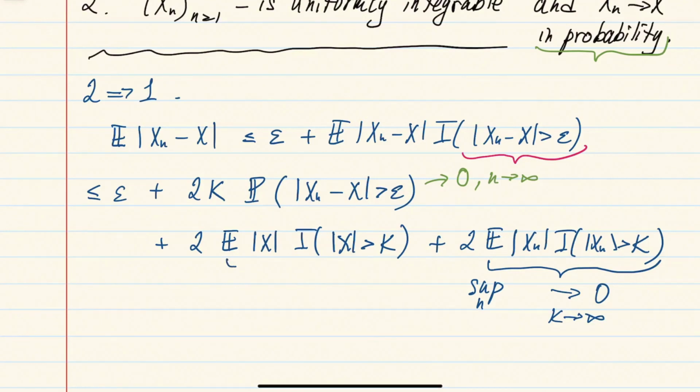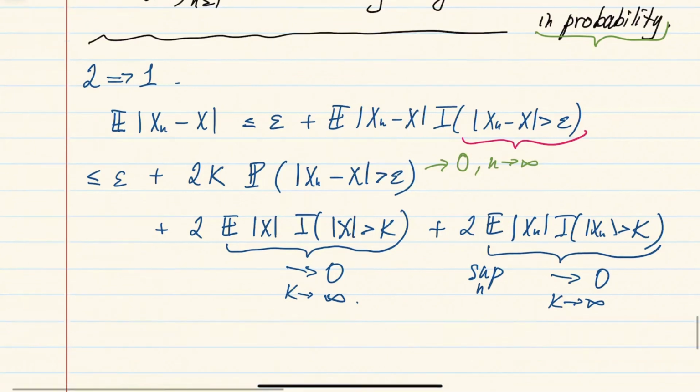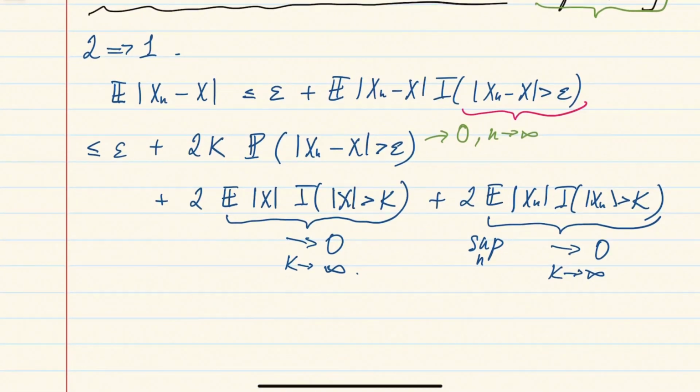And of course, here, because x is integrable, by the monotone convergence theorem this can also be made as small as you like when k is large. And so as a result, when you let n go to infinity, the limit of the L1 distance between xn and x will be bounded by epsilon plus two terms that you can make as small as you like. So that means it will be 0, just like we wish.